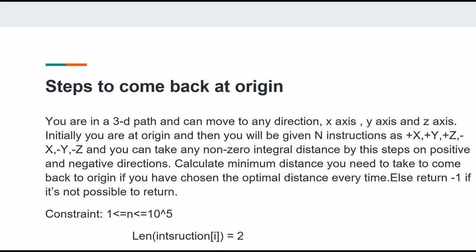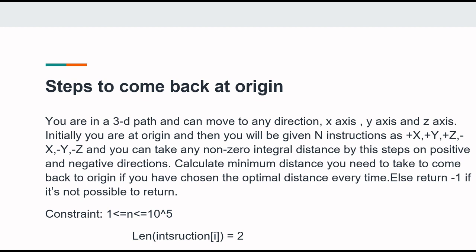So first question, it's saying you are in a 3D path and you can move in any direction of x, y and z axis, meaning in the 3D path I can move in positive or negative in any direction. Initially you are at origin and then you will be given some instructions.